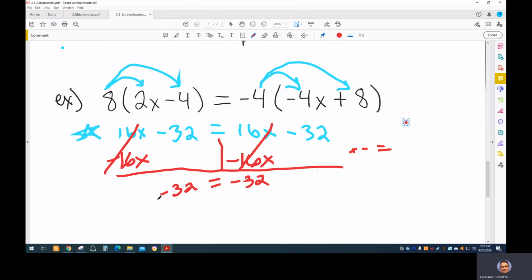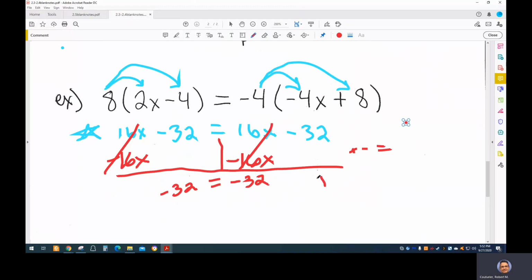Notice what happened here, guys. We actually had something very interesting happen. Because we have the exact same amount of x's and the exact same amount of constants on both sides, they end up completely canceling out. So when we do our first step, we get something weird here. But look what we have. It says negative 32 equals negative 32.